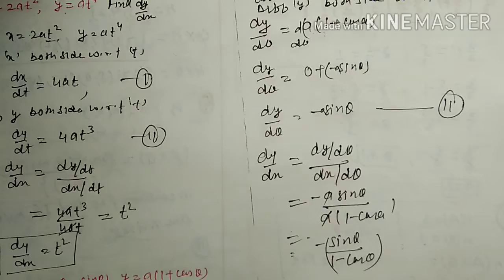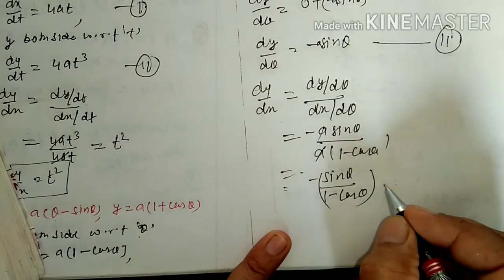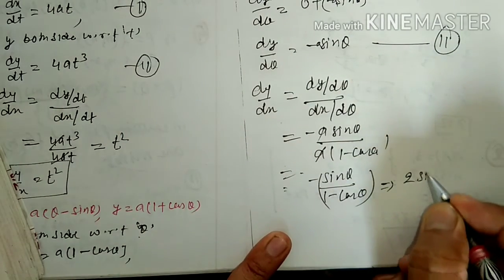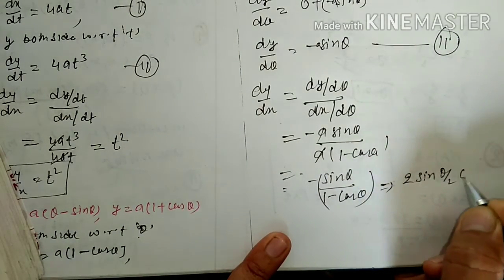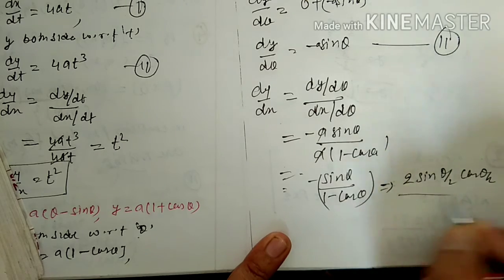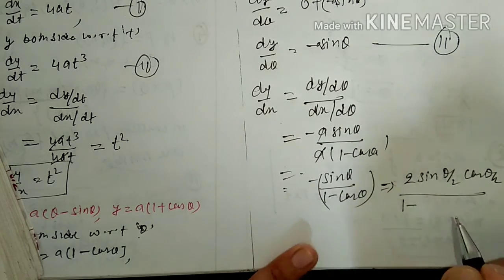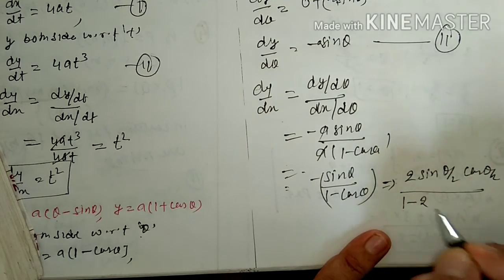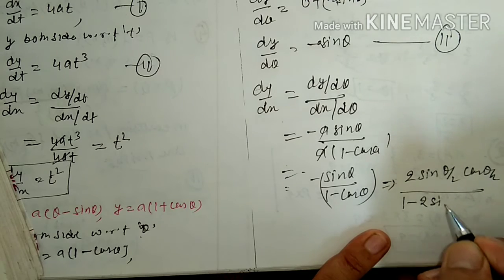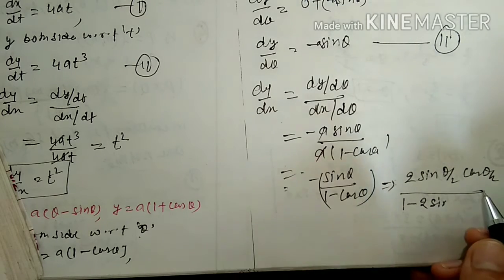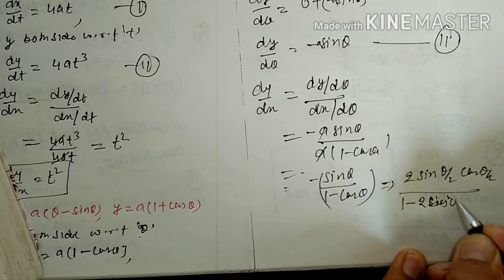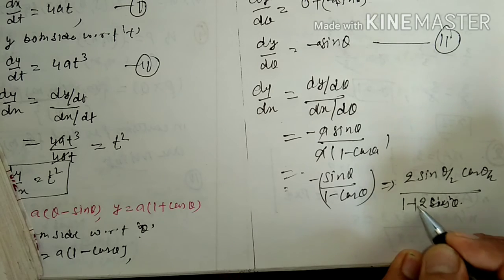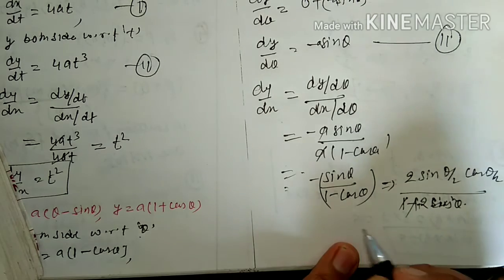Clear? Further we can write sin theta as 2 sin theta by 2 cos theta by 2, and 1 minus cos theta can be written as 2 sin square theta by 2, since 1 minus cos theta is 1 minus, 1 minus 2 sin square theta by 2. So the minus sign cancels out.